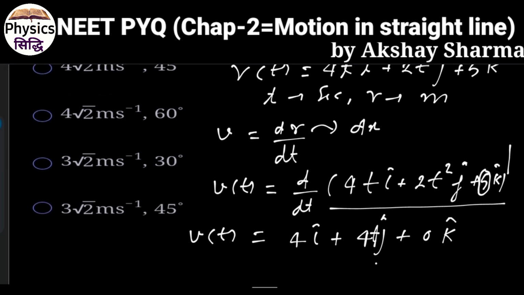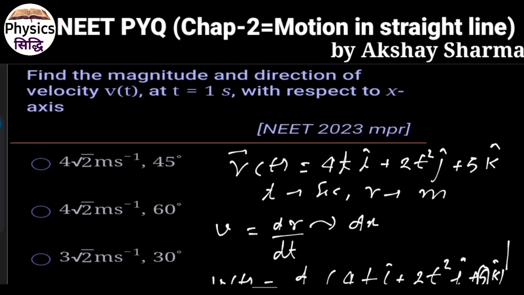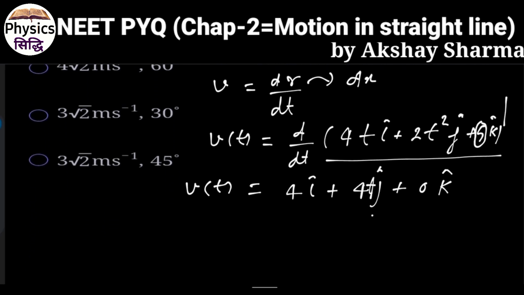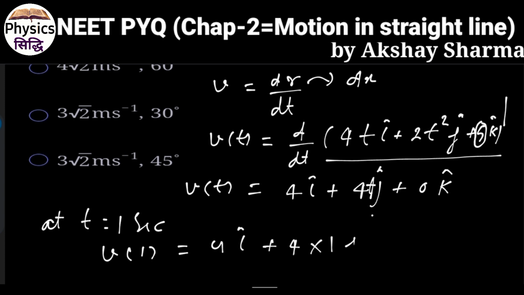Here we have to calculate at time t equals 1 second. So v at 1 second becomes 4 i cap plus 4 into 1 j cap, that is 4 i cap plus 4 j cap.